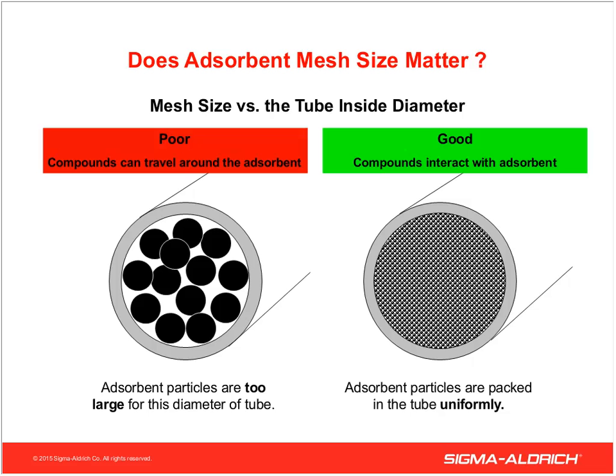The picture on the left shows a tube with large particles in it, and during sampling, the compounds can travel around the adsorbent. The picture on the right shows where we've got good packing of the adsorbents. The particles are small enough that the compounds interact with the adsorbent during sampling.